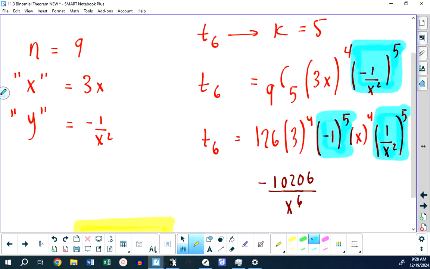So that negative in the line that I've got the blue stuff highlighted in the second line there, that negative is no longer on the 1. That is no longer y to the 5. It's just the variable part of y to the 5. Does that answer your question, Hunter? Okay, good.